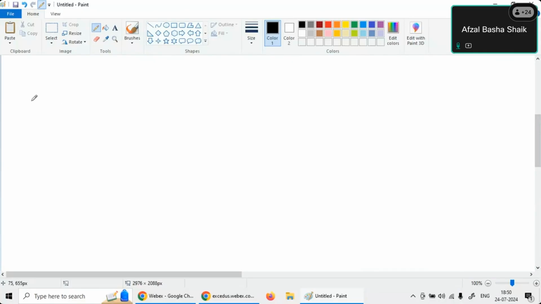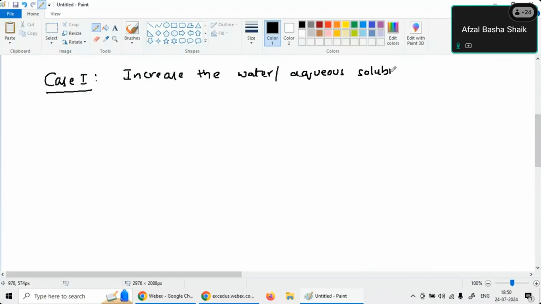And we will take case 1 first. In this case, we are trying to increase the water or aqueous solubility.